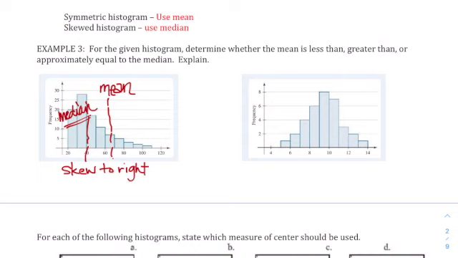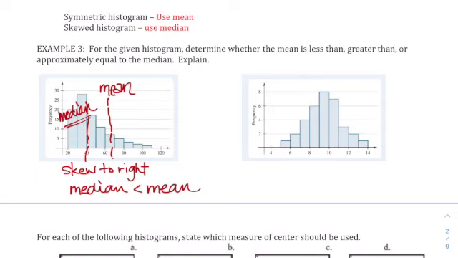So in this case, the median is going to be less than the mean. And also, if you want to remember, the median is going to be where the curved line is.